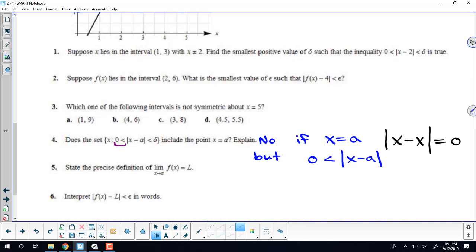So based off of that, looking at the left side of that, does that mean that x also has to be greater than a? Looking at the inequality we just wrote, or more so the ratio given in the example, 0 less than the absolute value of x minus a.